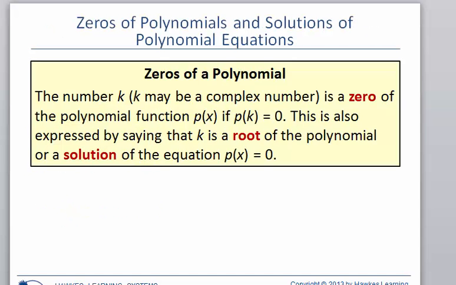If we look back at our first screen, we know that the number k is a zero of the polynomial function if p of k is equal to 0. And another way of saying this is to say that k is a root or that k is a solution of the equation.